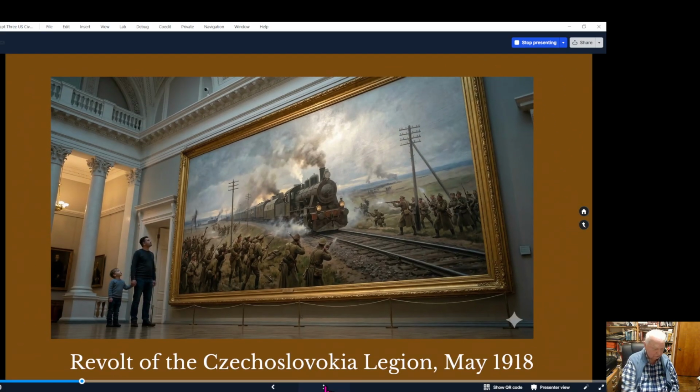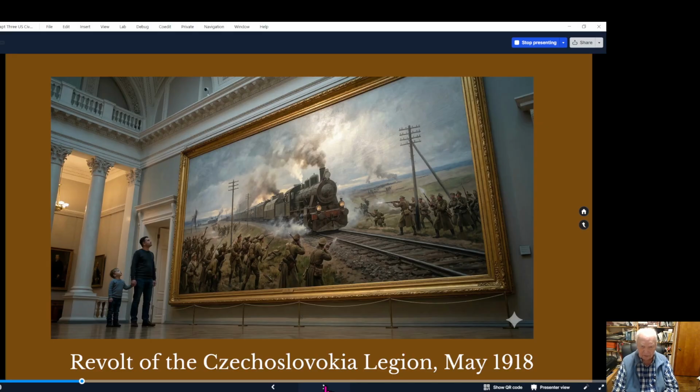Now, for the Russian side, for the Bolshevik side, it's kind of an interesting tale in its own way. What is happening here is that in World War One, the Czechs sent a large legion to support the Russian troops in their battle with Germany.